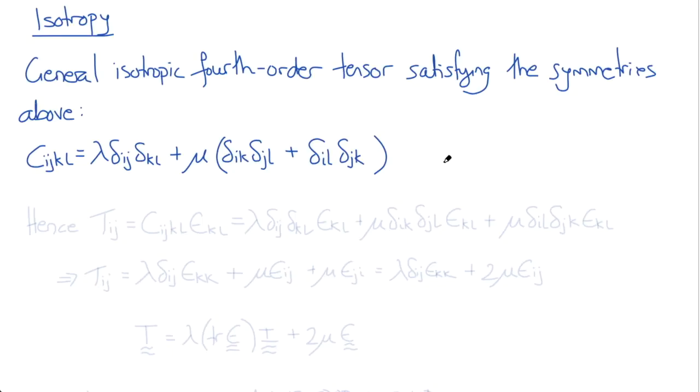Now substituting this into our linear expression for the stress-strain relation, we get Tij equals Cijkl times epsilon kl is equal to lambda times delta ij delta kl epsilon kl plus mu times delta ik delta jl times epsilon kl plus mu times delta il delta jk epsilon kl.